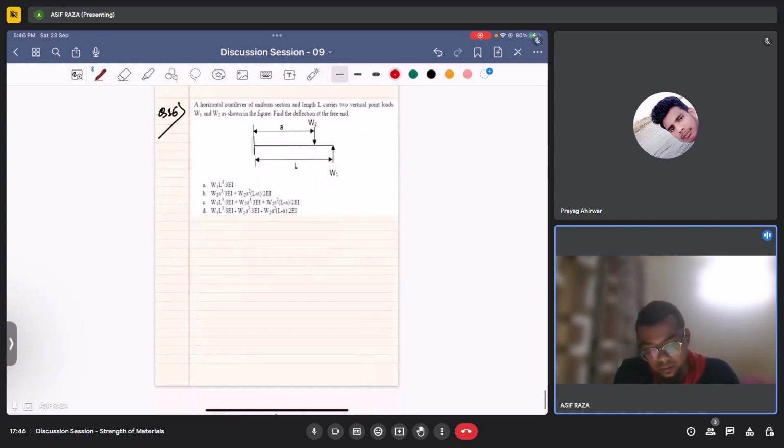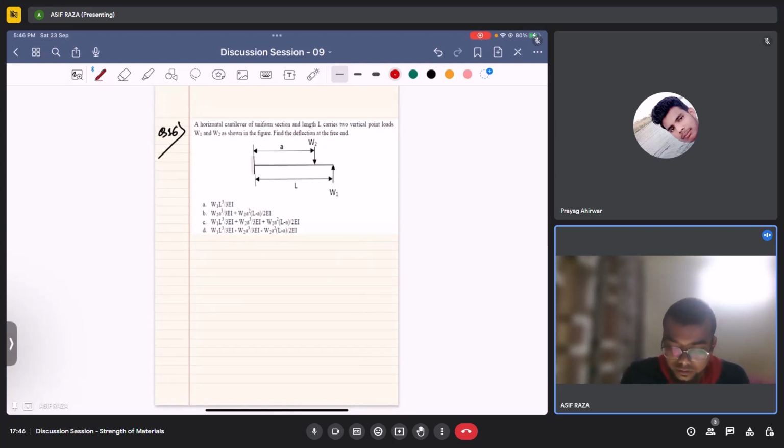Now moving on to the last question of today's session. So for this, I can directly use the moment area method. Let me first tell what the question is. Question number 16.